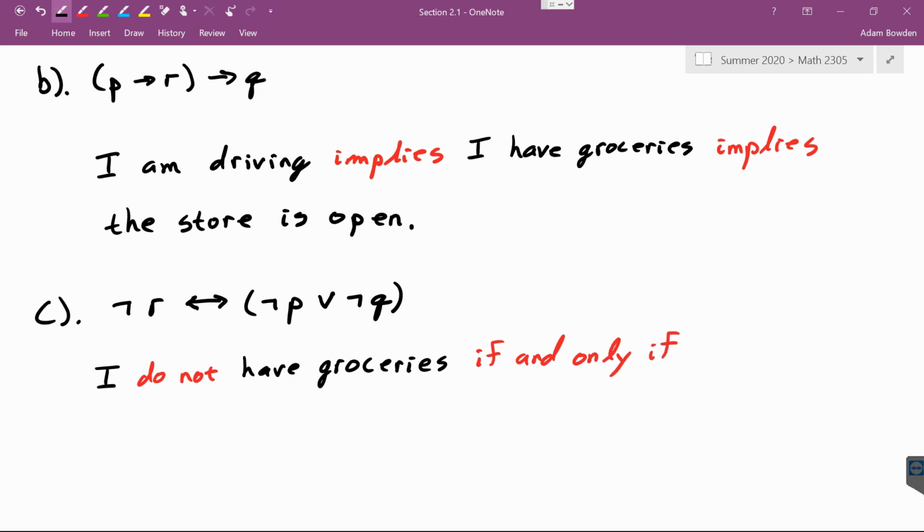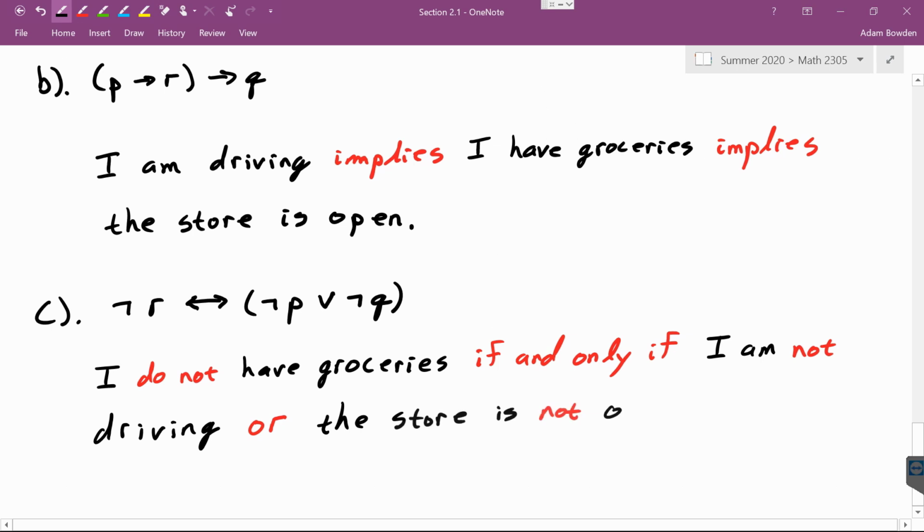So I do not have groceries if and only if not P, which would be I am not driving. And then we have the logical symbol for or, not Q, which stands for the store is not open. So that's how we would read off this: not R, if and only if, not P, or not Q.